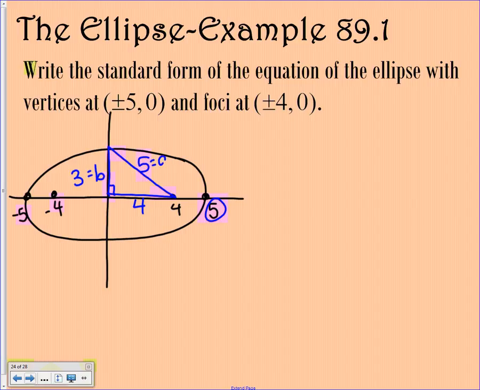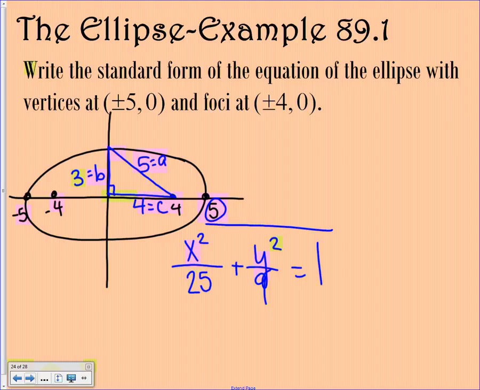And this was your A, and this was your C. So when we put it in standard form, we're going to have x squared over something plus y squared over something equals 1. Now it is horizontal, so that means that our A is going to go under the x. So A squared is going to be 25, and then our B is 3, so B squared is 9. And so this is the equation in standard form.